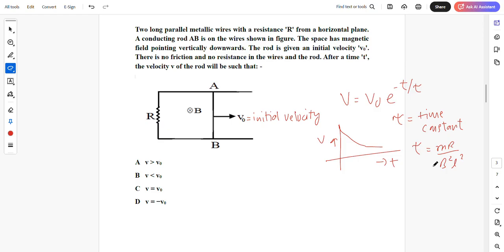Now from this equation we came to know that V will always be less than V0, since it decreases exponentially. V is less than V0 is the right answer. Hope you have understood this one. We'll go to the next problem.